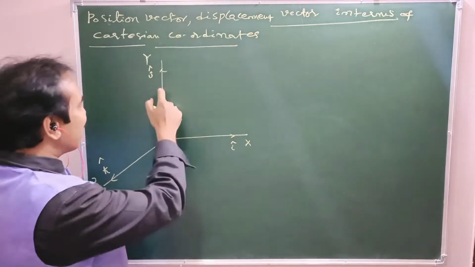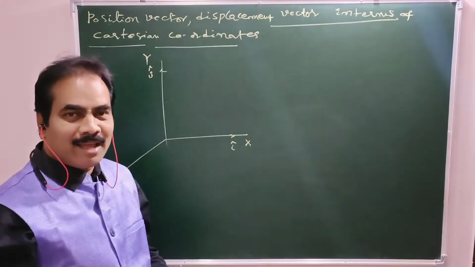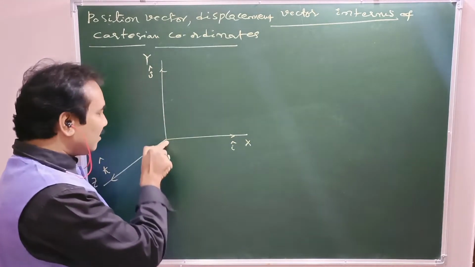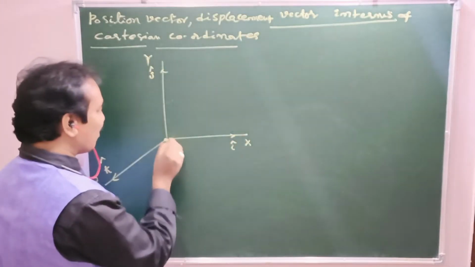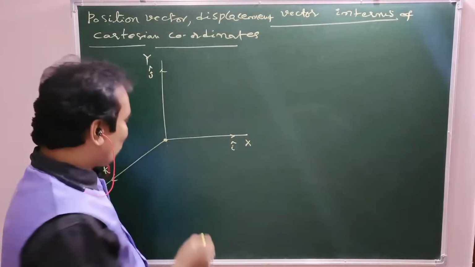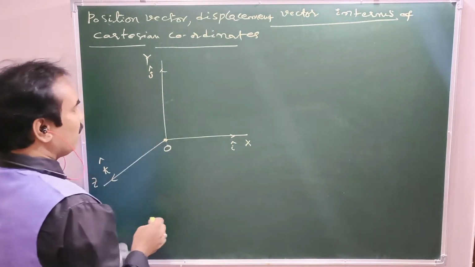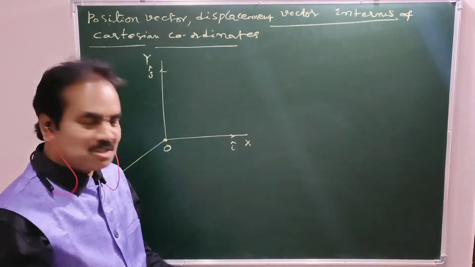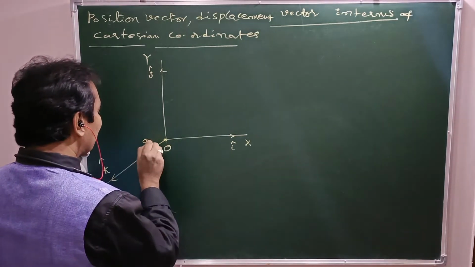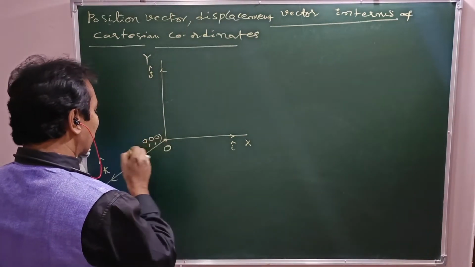All three mutually perpendicular axes meet at a common point. This is our fixed reference point O, whose coordinates are 0, 0, 0.